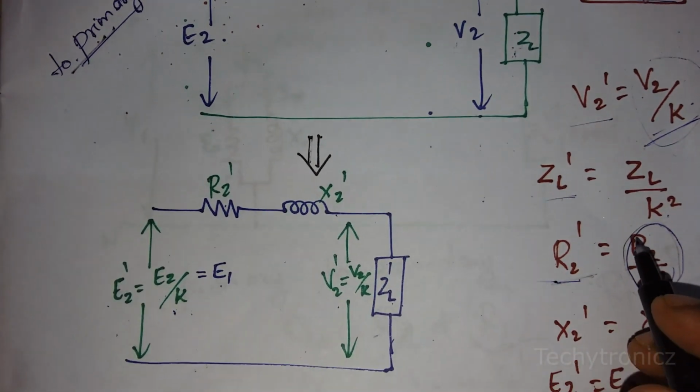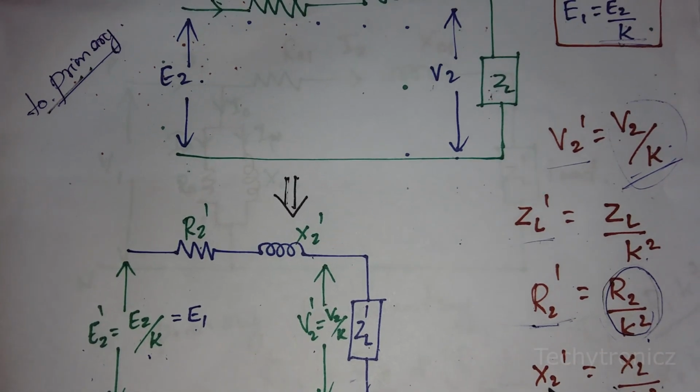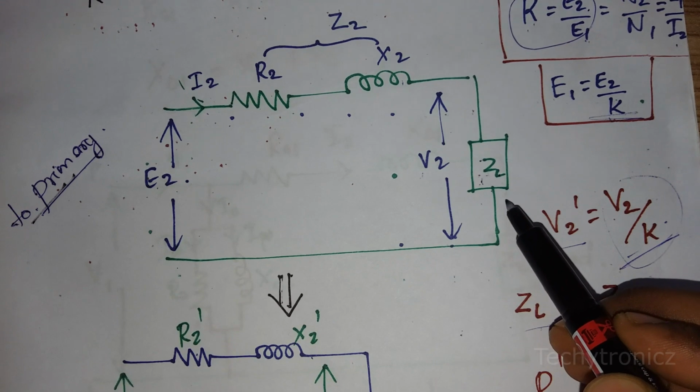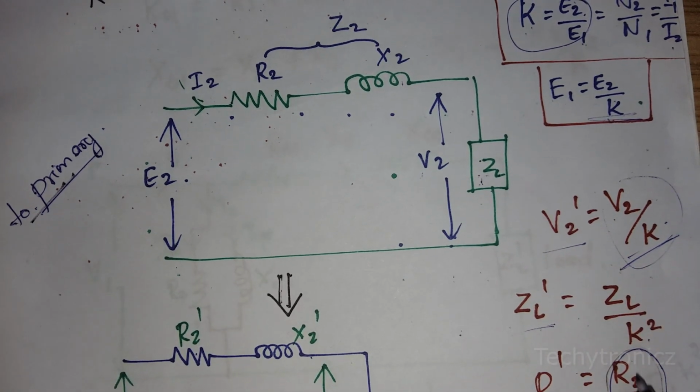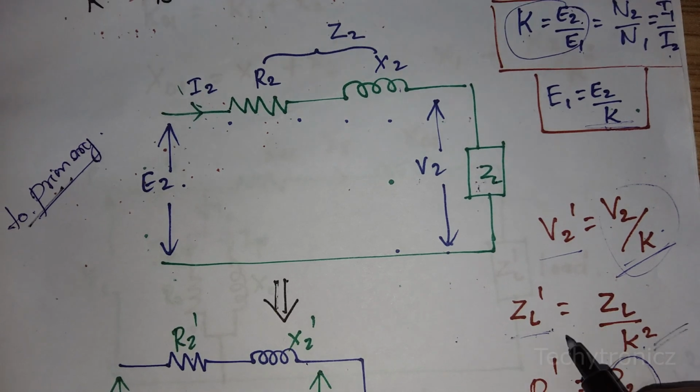The other component is reactance, X2 divided by K square, which we take as X2 dash. And the load impedance ZL also we have to divide by K square, denoted as ZL dash.